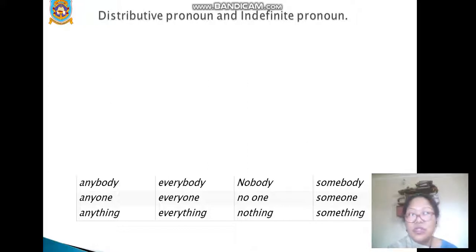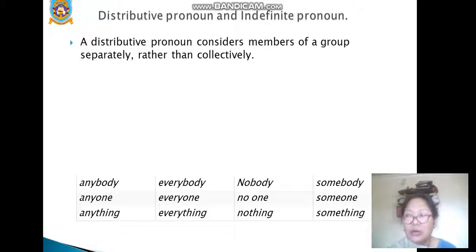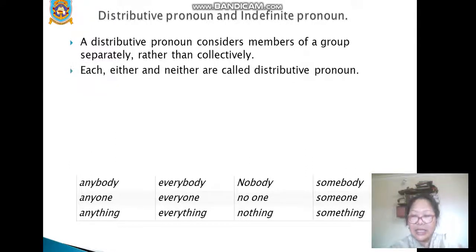Coming to distributive pronouns and indefinite pronouns. Distributive pronouns consider members of a group separately rather than collectively. Each, either or neither are called distributive pronouns.